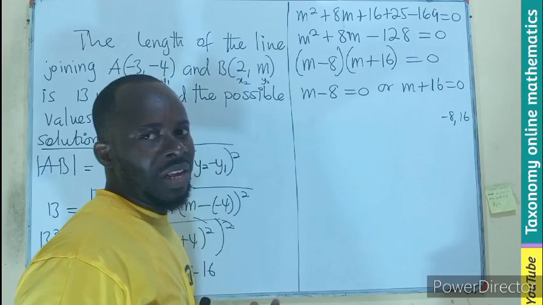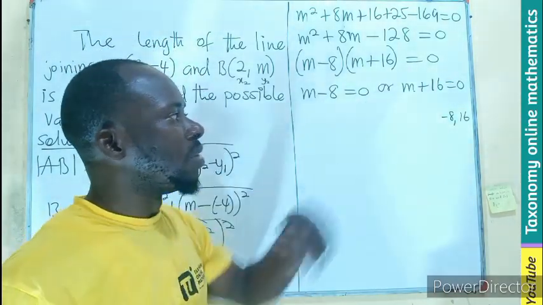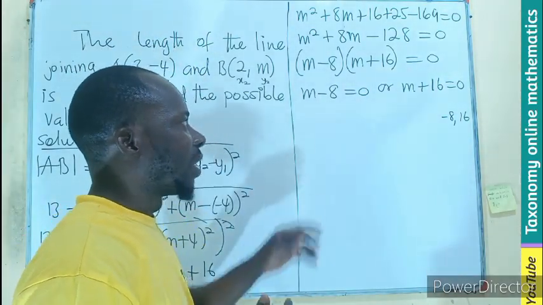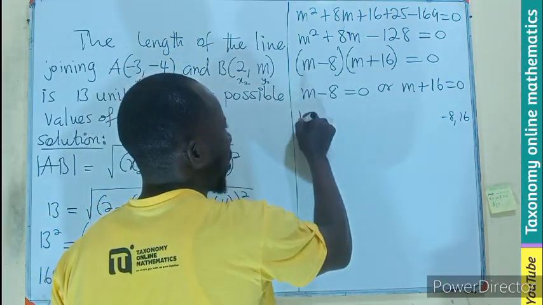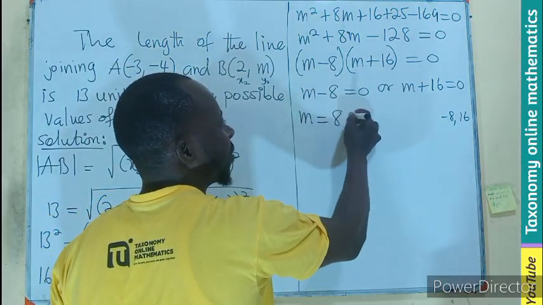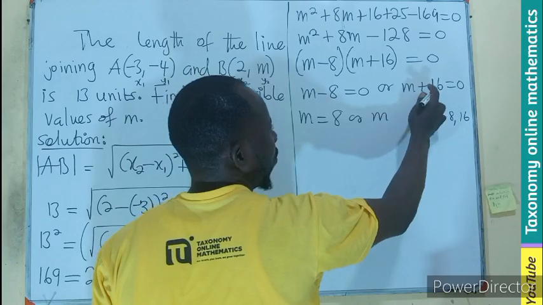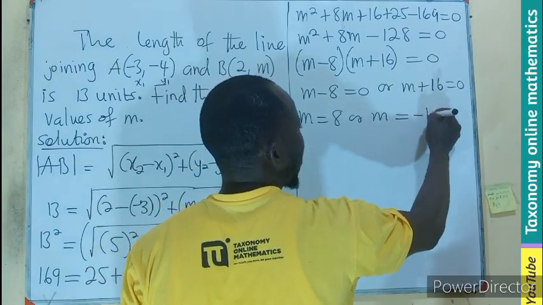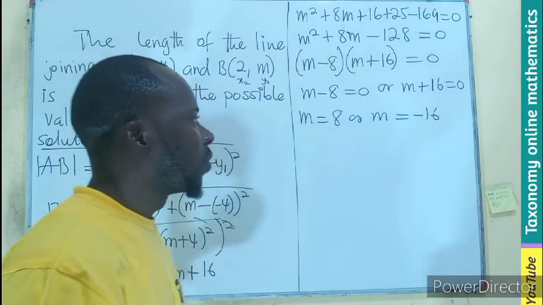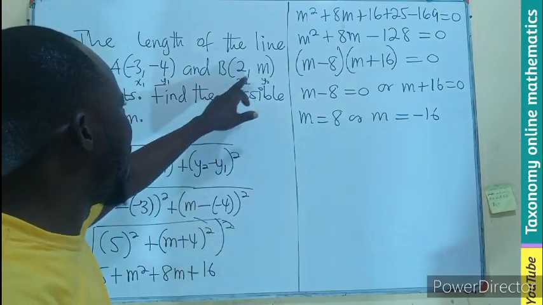One of them must be 0 to give us the product to be 0. So we transpose the negative 8 to become positive, so m will become 8. Then the positive 16, when transposed, becomes negative 16.